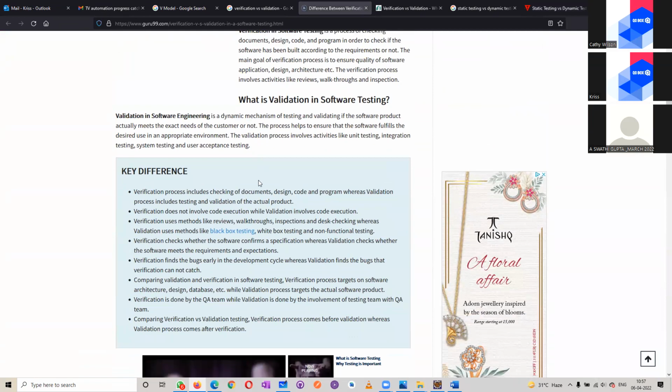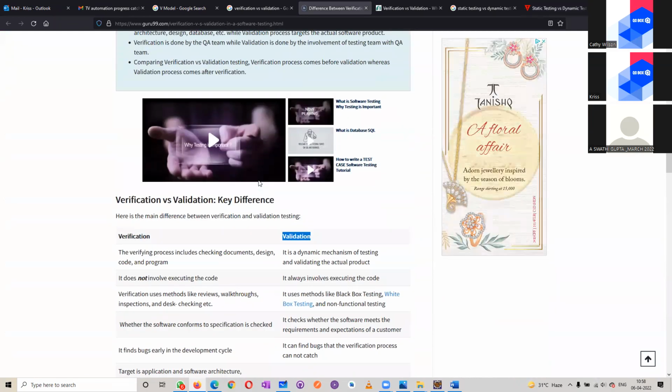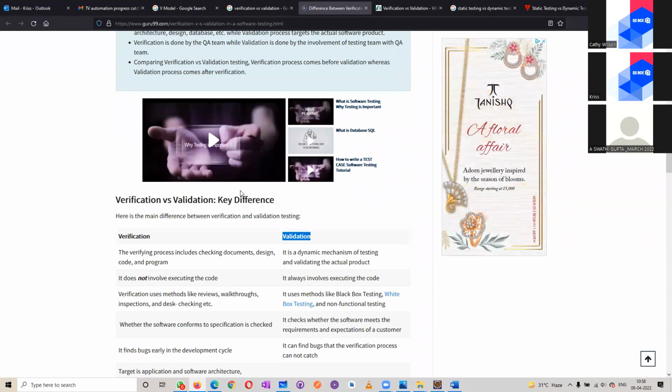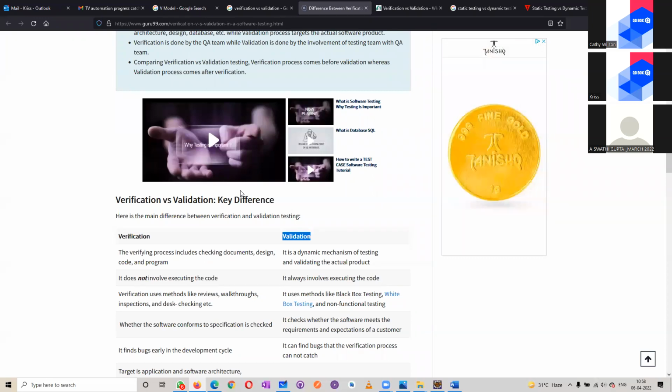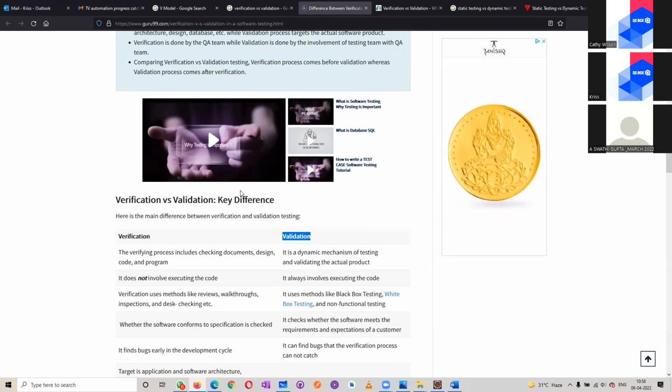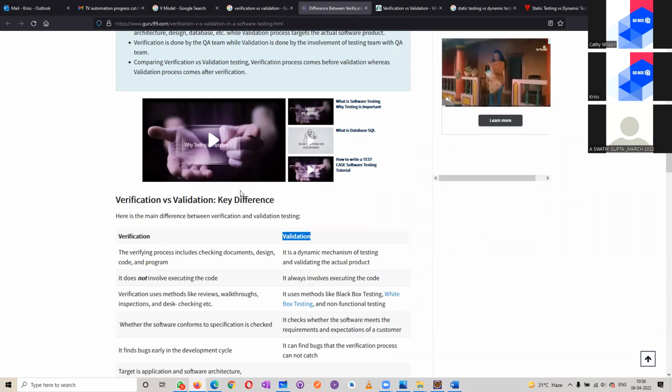Okay, so now what do we mean by basic verification and validation? Whatever pointers we discussed in static testing would be similar, almost all applicable for this one. But remember, static testing is not verification. Verification is a process which would be used in static testing.